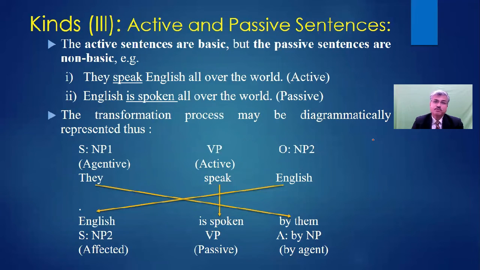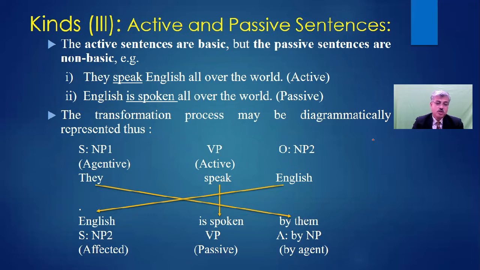The transformation process may be diagrammatically represented thus: subject, noun phrase, they, which is agentive, verb phrase, active, speak, object, English, which is noun phrase second. And this is the active sentence. How is it transformed into a passive sentence? English, the object, becomes the subject in passive voice.